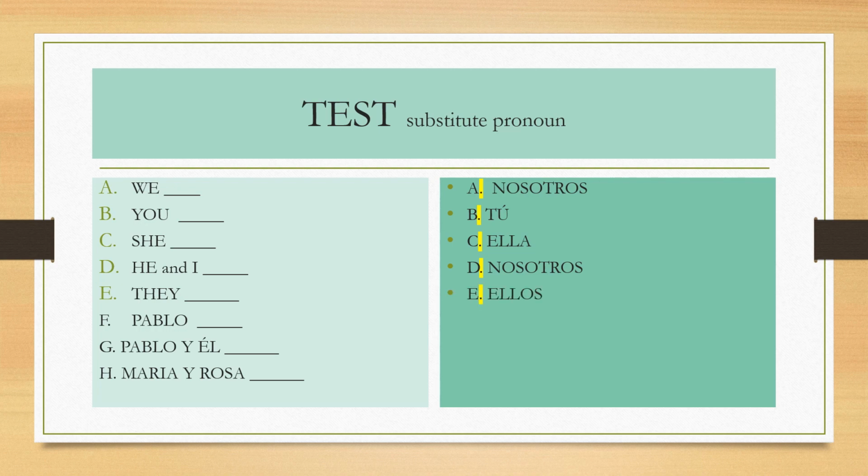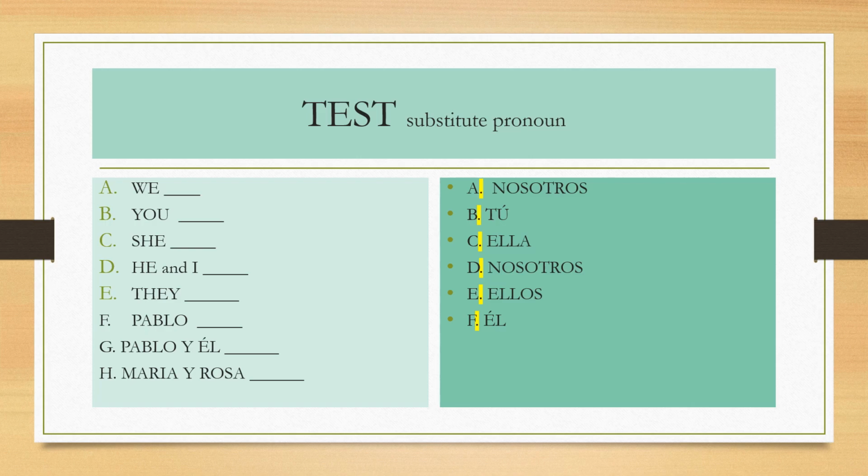In E, you have they, which should be ellos. F is, well, Pablo is a boy's name, so you would have to say he, él, right? Now in G, you have Pablo y él. Pablo and he.